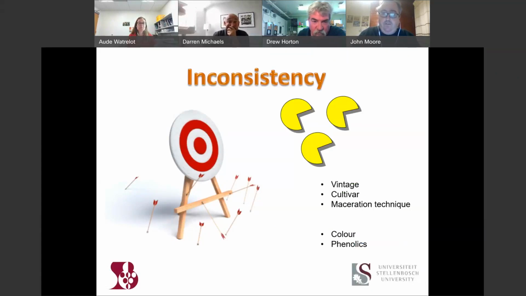So you have vintage variability, you have cultivar variability, you have differences in the maceration techniques you employ, and these would impact the objectives you were aiming for when you were doing your winemaking. So were you trying to get increased color or increased phenolics? I'm particularly interested in the increased extraction of phenolics and color in grapes.